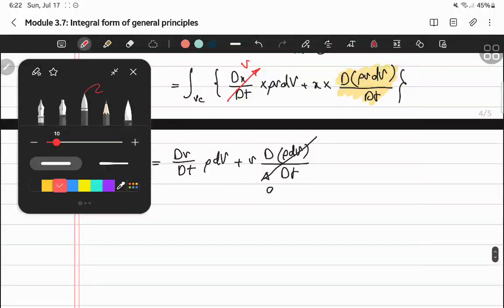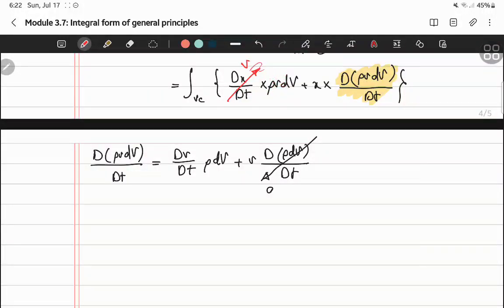And since rho is a scalar, here we have v cross v. So this whole expression is equal to 0, because a cross a is a squared sine theta, where theta here is 0, therefore sine is 0.